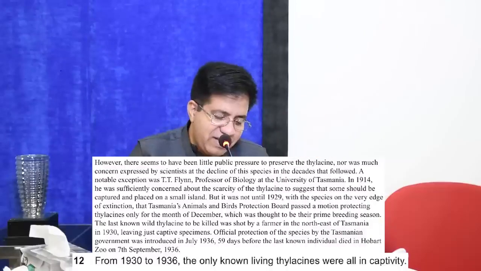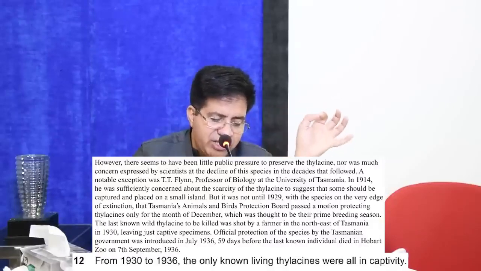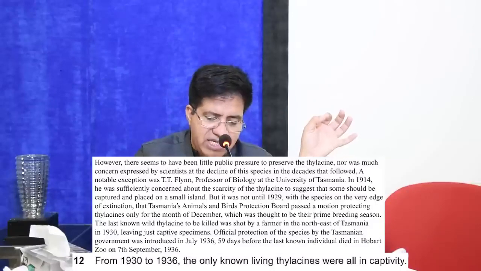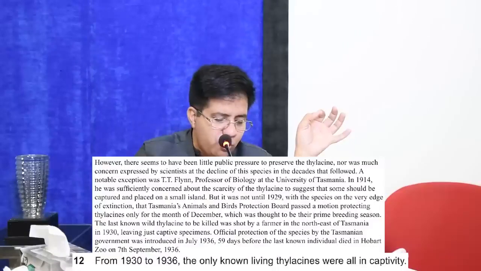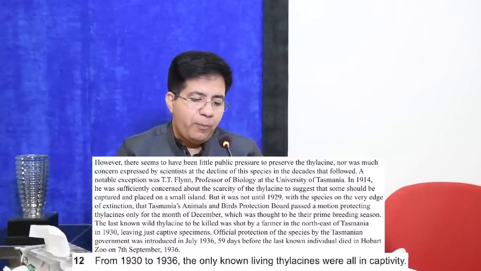I'm reading this one again. The last known wild thylacine to be killed was shot by a farmer in the northeast of Tasmania in 1930, leaving just captive specimens. Official protection of the species by the Tasmanian government was introduced in July 1936, 15 days before the last known individual died in Hobart Zoo. So the last one also died in Hobart Zoo. Now please come back.